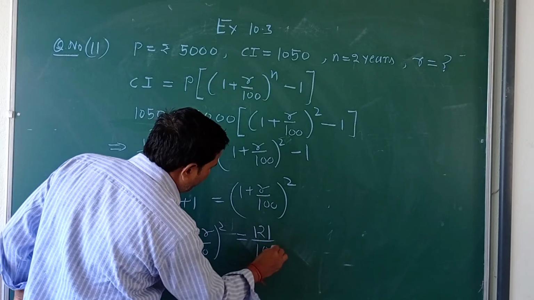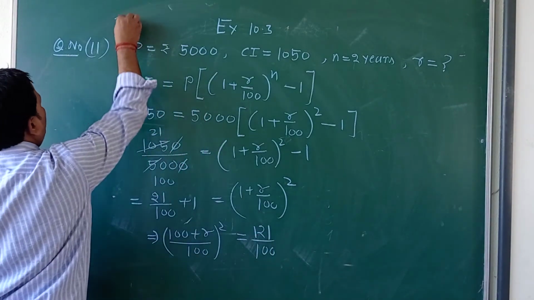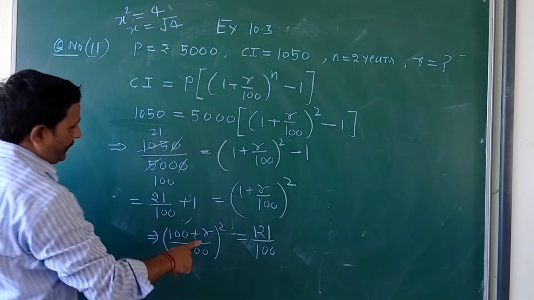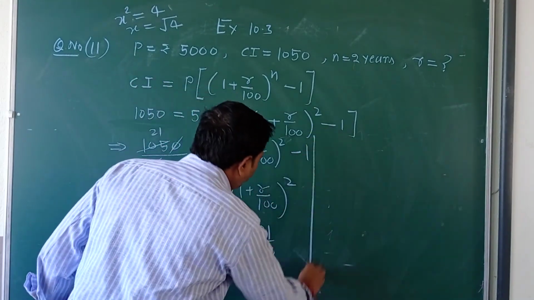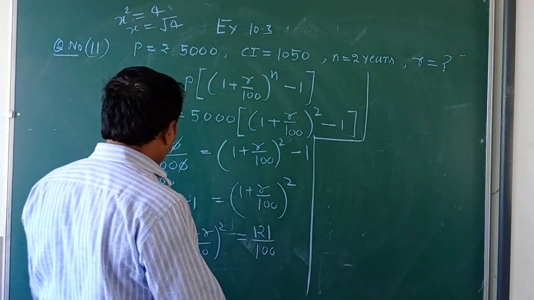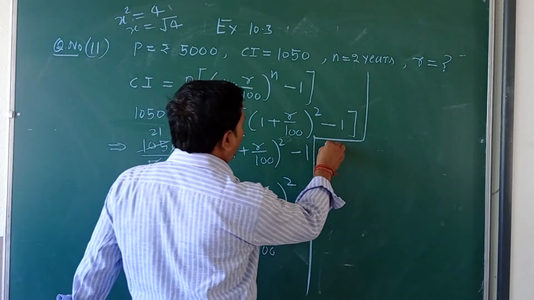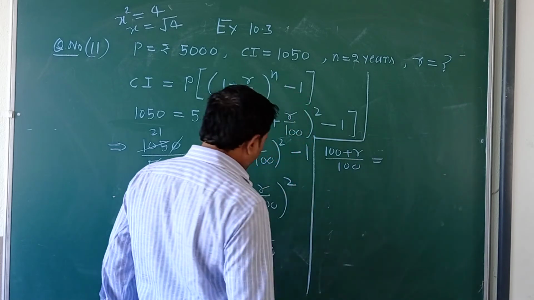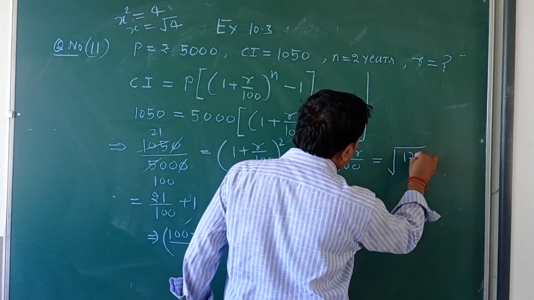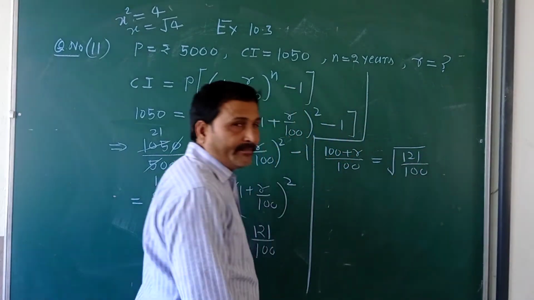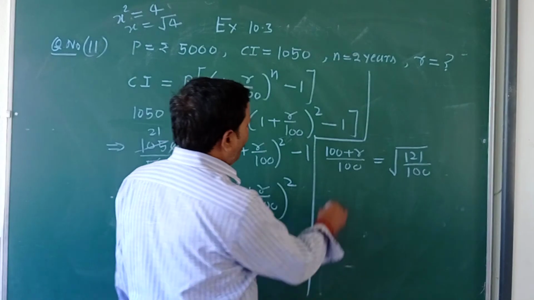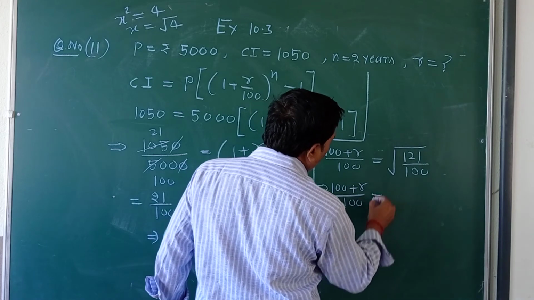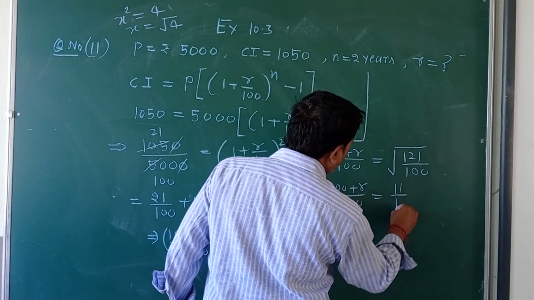You know that if x square is equal to 4, then x is equal to under root 4. Same method I am going to apply here. 100 plus R upon 100 is equal to under root 121 upon 100, which is 11 upon 10.